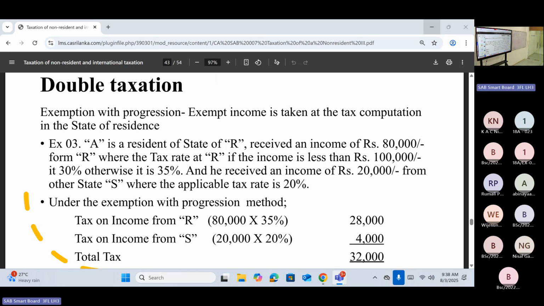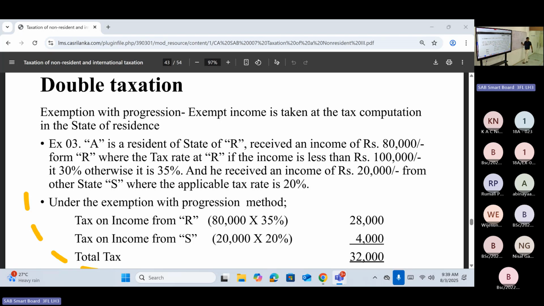Right? So what is the tax amount? Income at 35%, you have to pay $28,000 here.